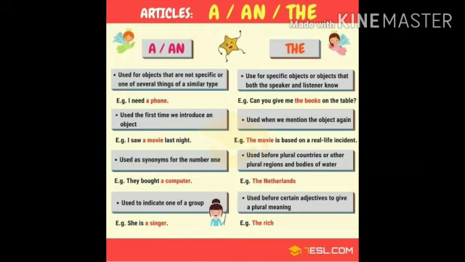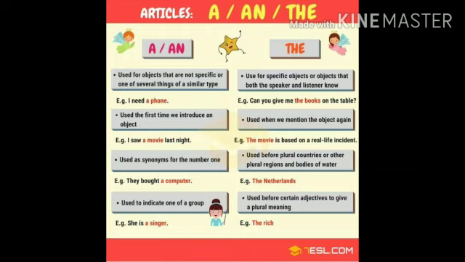Next, a and an are used the first time we introduce an object, whereas the is used when we mention the object again. Examples you can see: I saw a movie last night. The movie is based on a real life incident. Third, a and an are used as synonyms for the number one, and the is used before plural countries or other plural regions and bodies of water.